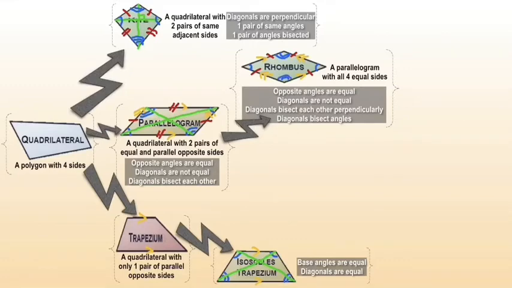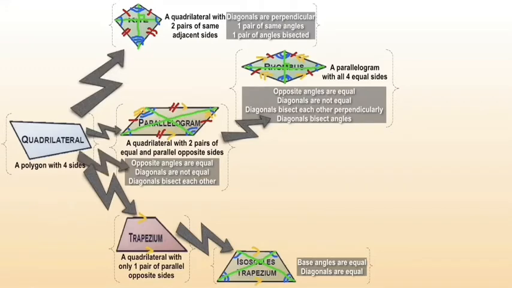Their diagonals are not equal, but they bisect each other perpendicularly. So there is a right angle here, and the diagonals will bisect its angles. These two angles are bisected by this diagonal, and these two angles are bisected by this diagonal.